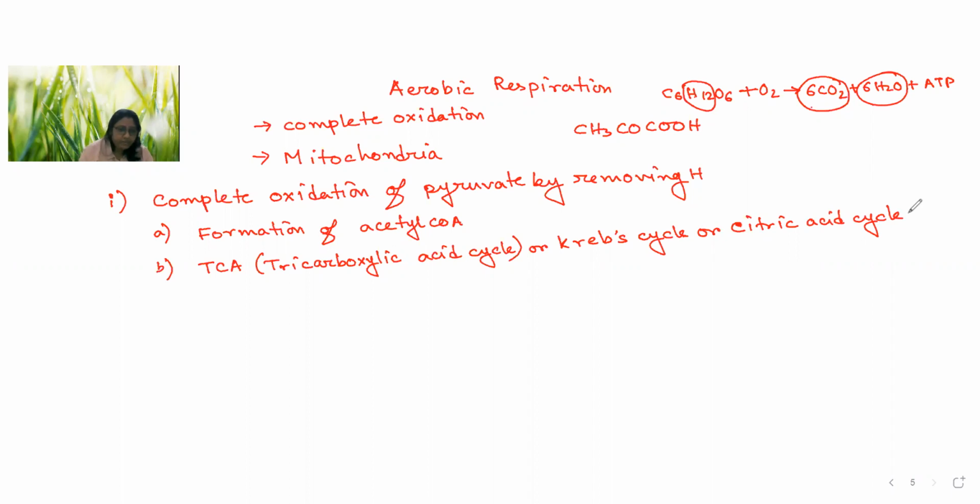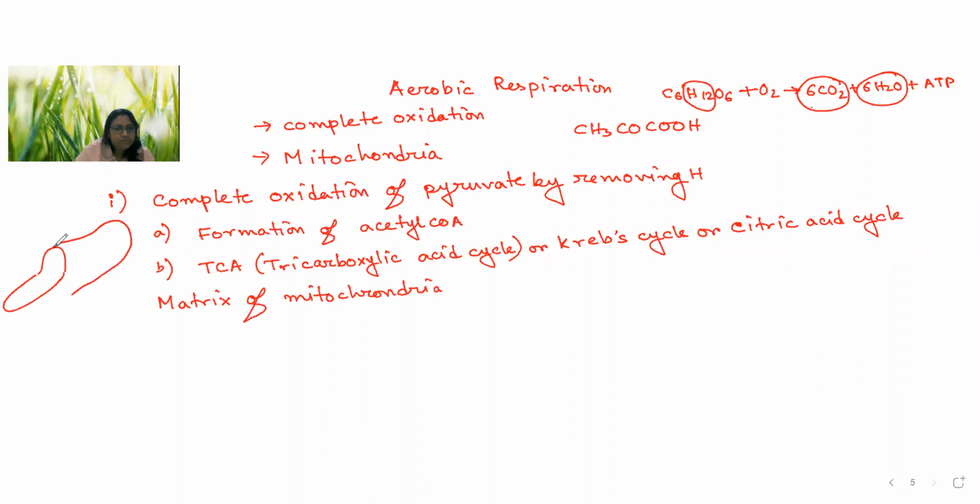Why these three different types of name that we are going to talk about? So when I'm going to teach you, at that time I explain the reason behind this name. So this is occurring in the matrix of mitochondria. I guess everyone is aware of the structure of mitochondria.